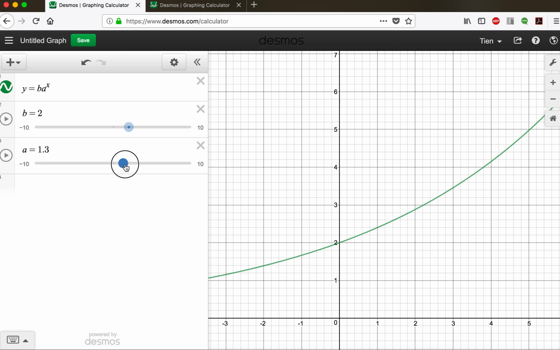If I lower it some, it grows at a slower rate. If I let it be 1, then I'm just multiplying by a bunch of copies of 1, which doesn't do anything. And then if I decrease it, in this case, I'm multiplying by 10% every time it goes forward.